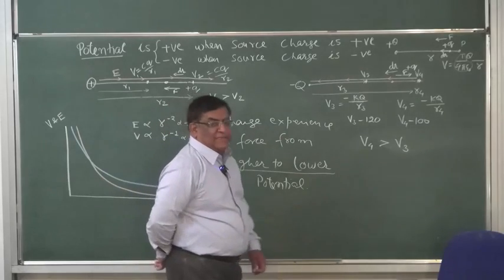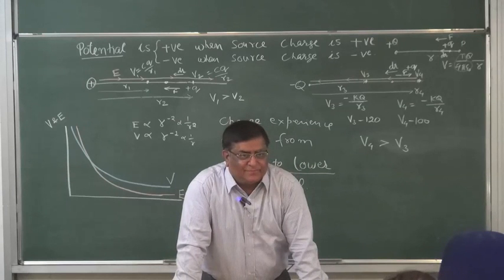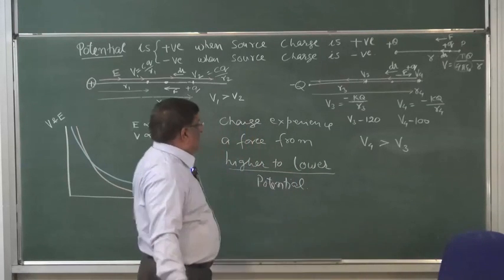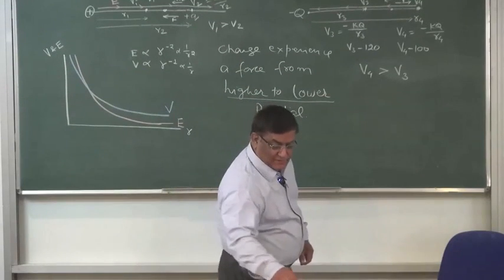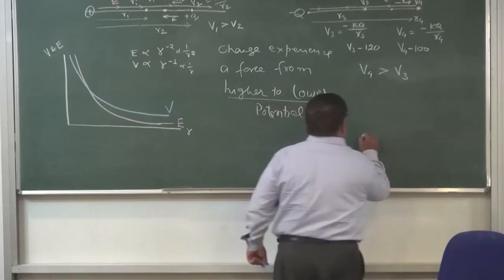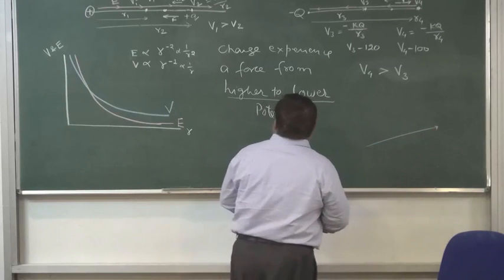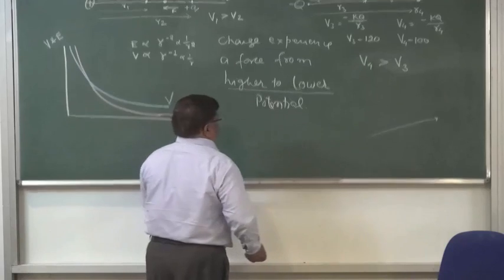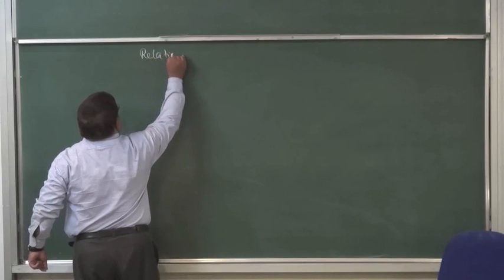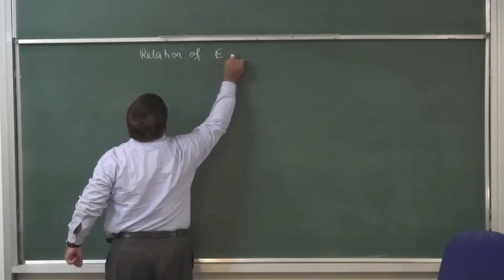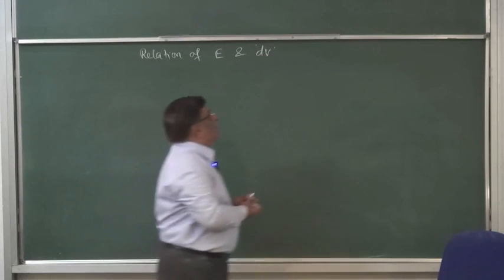Now, we come to the next thing, and that is the relation of potential difference and electric field. How are these two related? At any place there is an electric field, say in this direction. dV is the potential difference at any location.